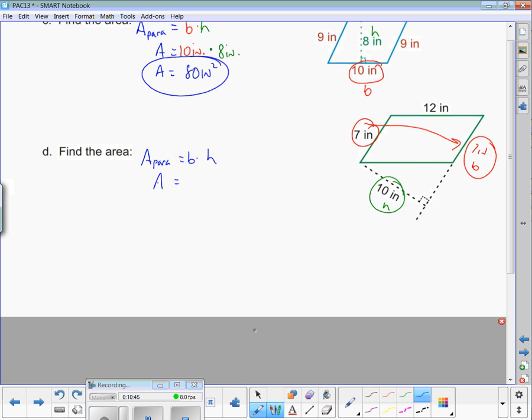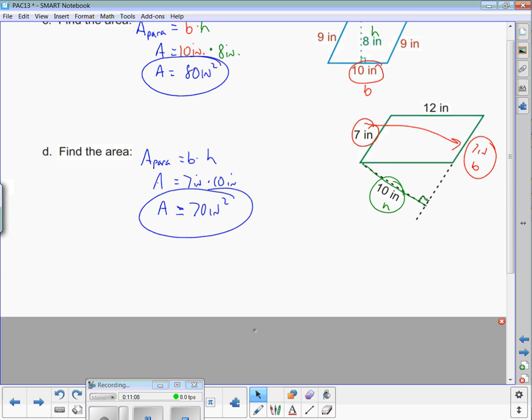And I hope you use the right numbers. So the area is going to be the base, 7 inches, times the height, 10 inches, and this area is 70 inches squared. 70 square inches, 70 inches squared. Okay? Again, remember, that height is perpendicular, and I'll just show you. Again, I can take that and move it, and you'll see how it's the perpendicular distance between the base and its opposite side.